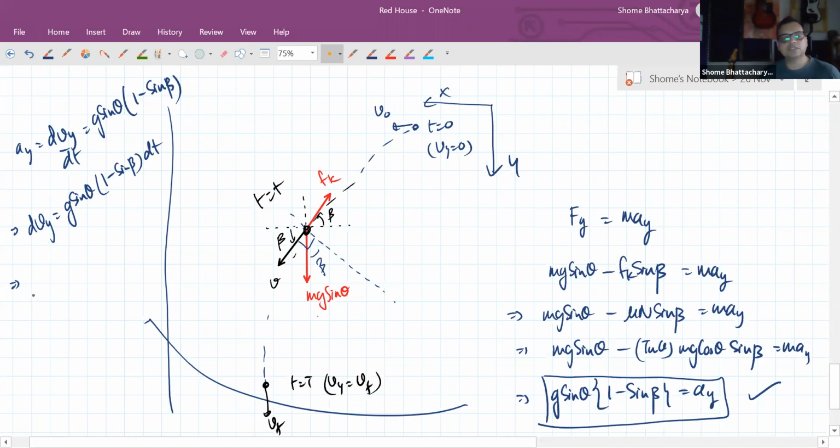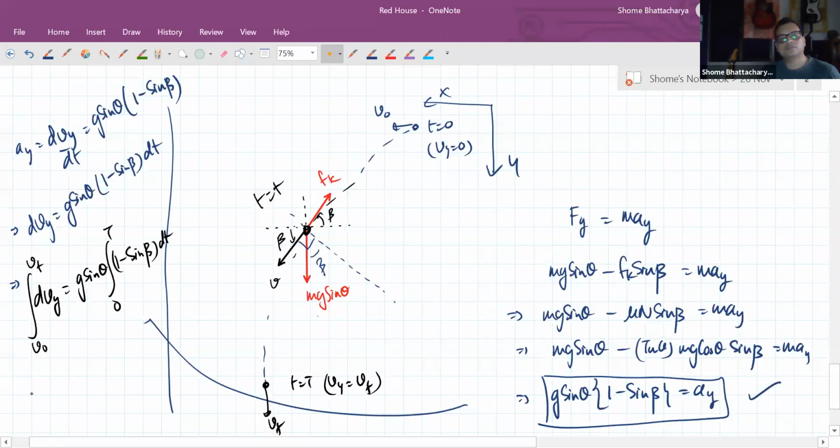So if we integrate this, on this side time will be integrated from 0 to capital T, and on this side this will go from v naught to v final.